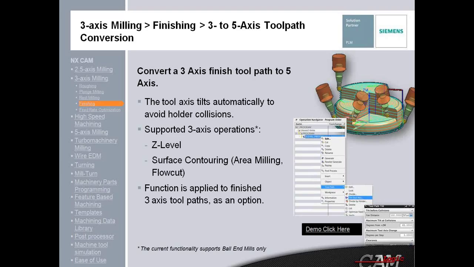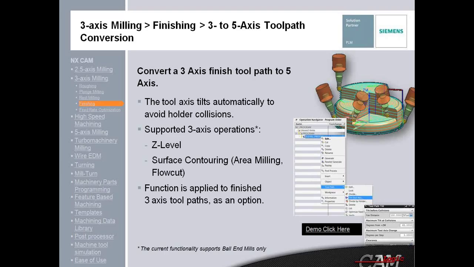The tool will automatically tilt in areas that it needs to. So, for instance, if the machine can get away with a 3-axis move and we don't have any collision with the tool holder or with the tool, then it will still continue with that 3-axis operation.